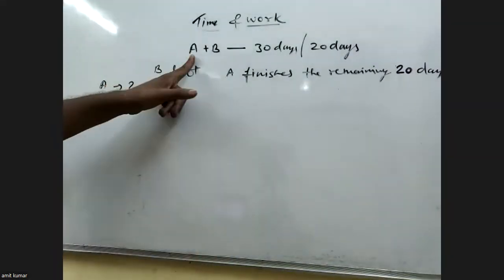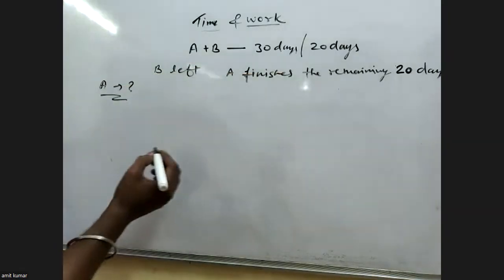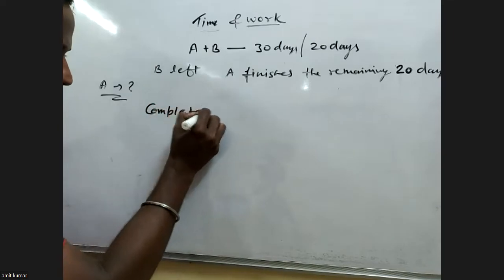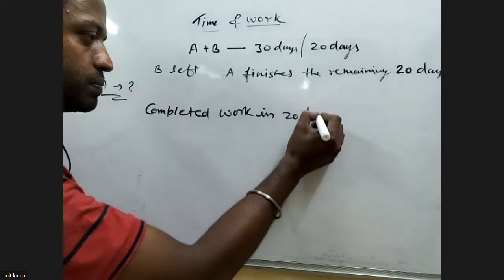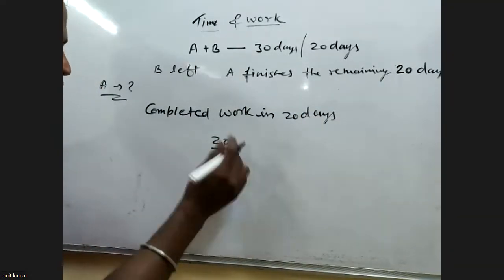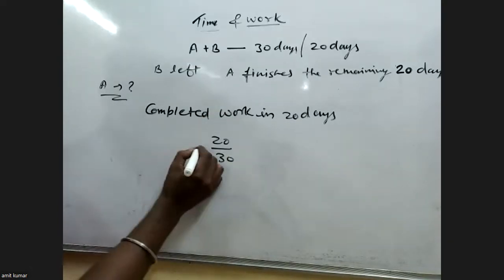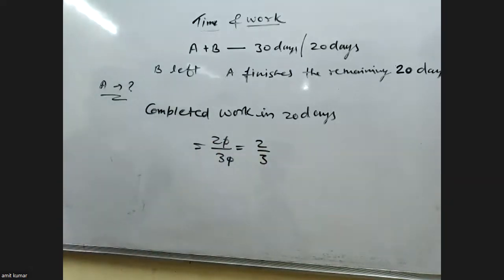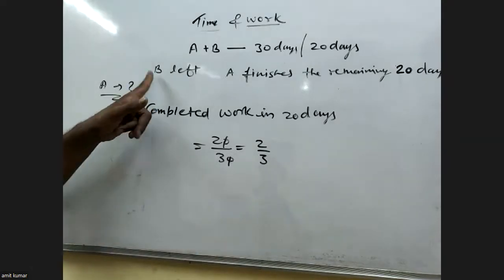A plus B can do a piece of work in 30 days. They work for 20 days, so the work they would have completed in 20 days would be 20 divided by 30, because they can complete the whole work in 30 days. So 2 by 3rd work is completed, and after that B left.